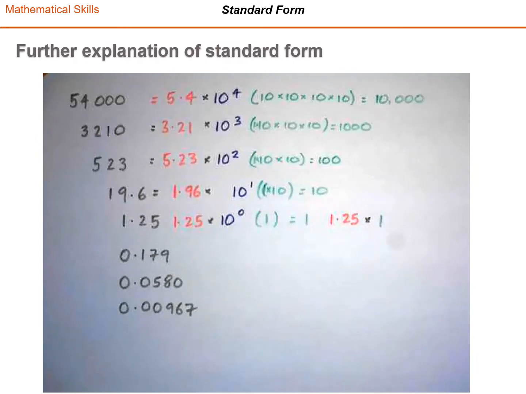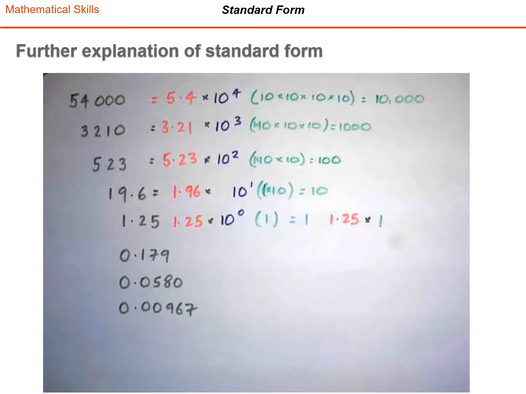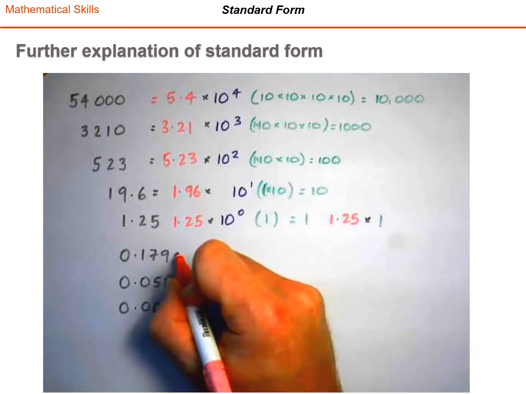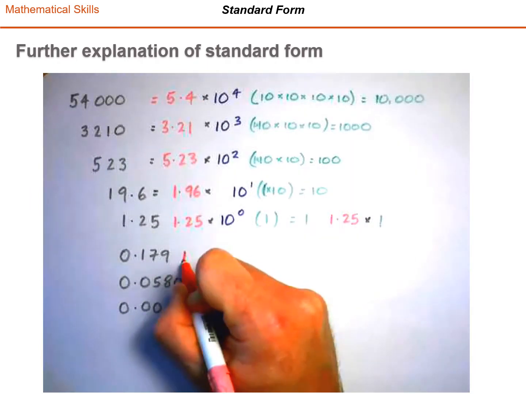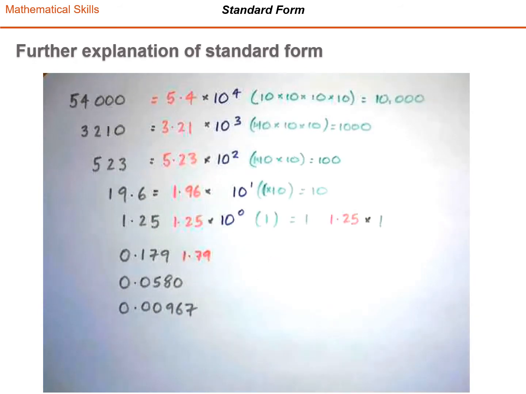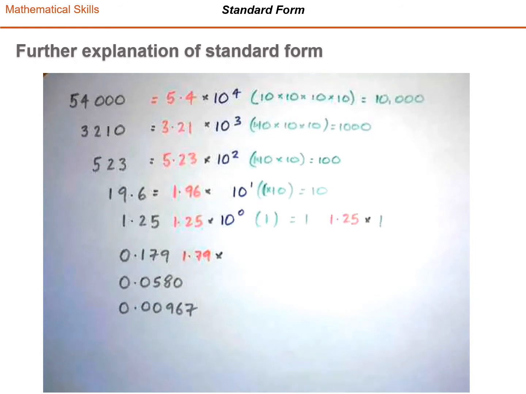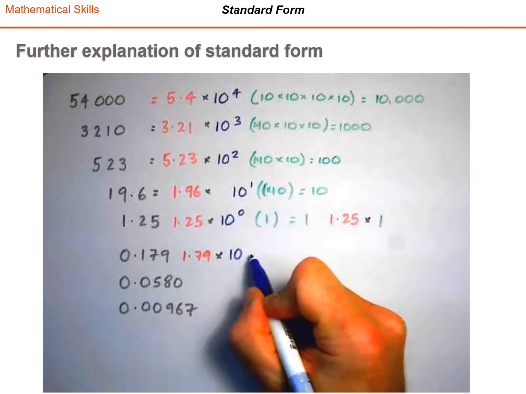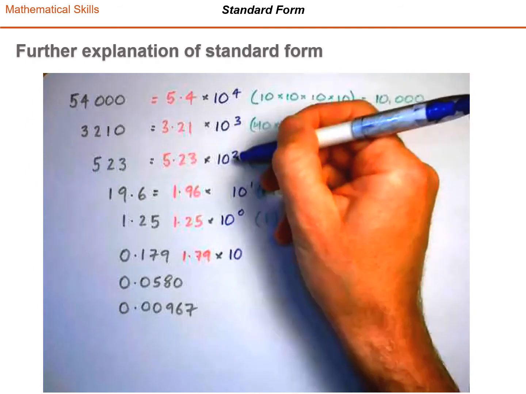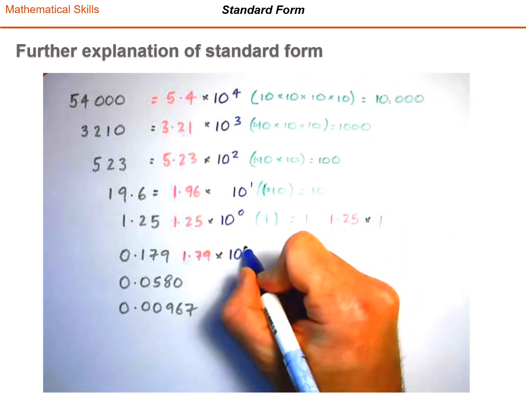Now, as we then start to go into smaller numbers, our pattern changes ever so slightly. Here we've got 1.79, and this is going to now be multiplied by 10 to the power of, well, we've done 4, 3, 2, 1, 0. The next logical one down is minus 1.